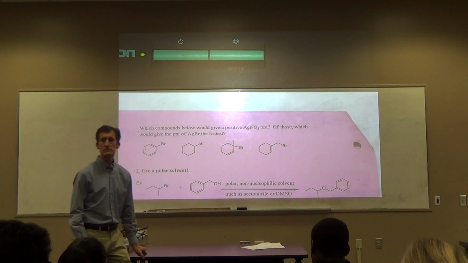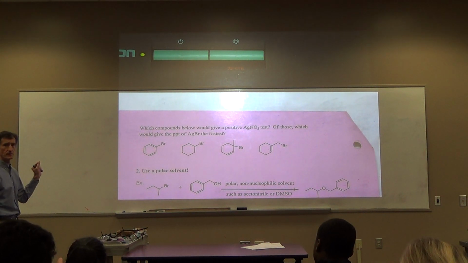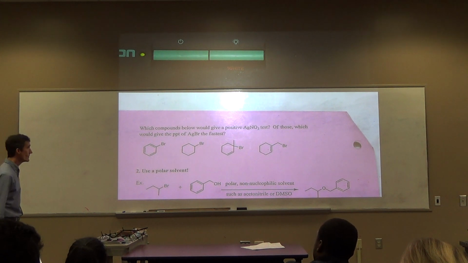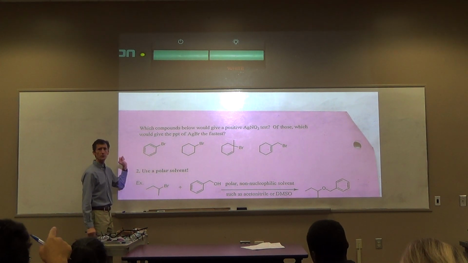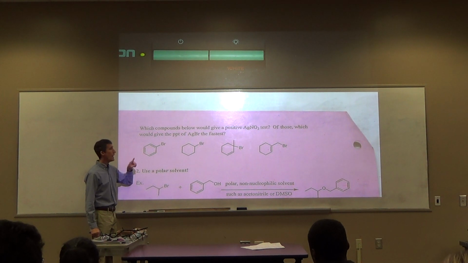The third group. All of them except which one? Which one will not give a positive silver nitrate test? All of them except the first one, yes, correct.